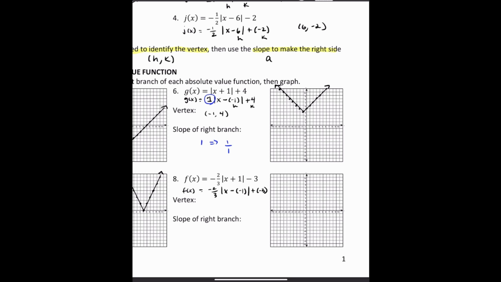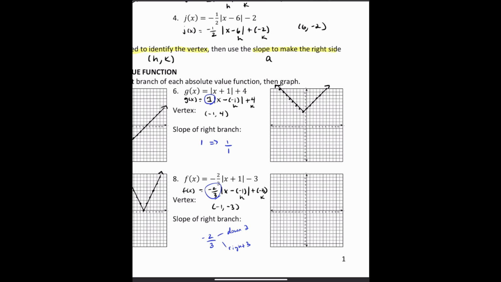All right, so our vertex is -1, comma -3. It's in the form h comma k. And the slope is -2/3. So I'm going down 2, right 3 because we have a negative slope. And if we have a negative slope, we're going down.